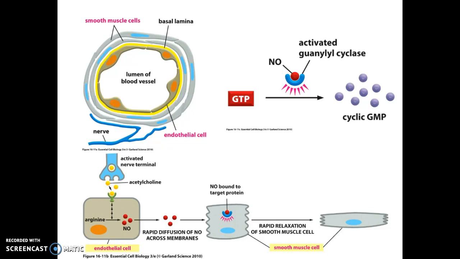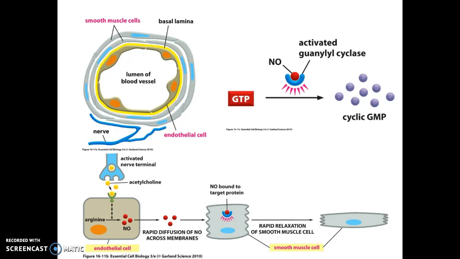So in response to nitric oxide, the microvasculature becomes flaccid, or the lumen becomes larger, something we call vasodilation, and so there is more blood flow through there.